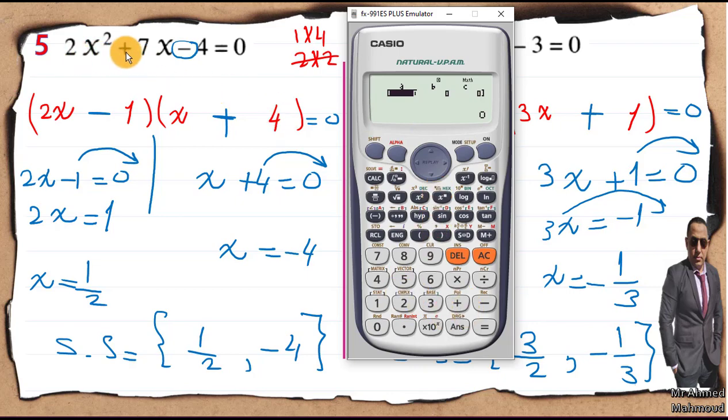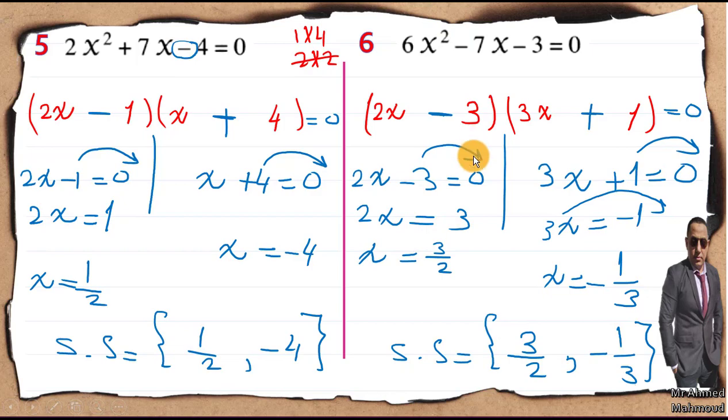Then A, B, C. This is A, this is B, this is C. 2 equal, 7 equal, negative 4 equal. x1 equal 1 over 2. This is 1 over 2, and equal one time. x2 equal negative 4. Now you check that you solved correctly. Now I'm going to complete explaining the equations.